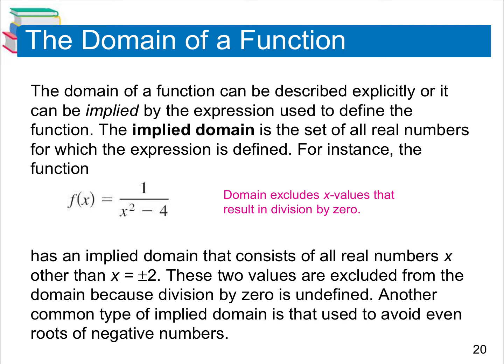Today we're going to start by looking at the domain of a fraction. When you're looking for the domain of the fraction, your domain values are your x values. They're your input values. They're your independent. So you're looking for whatever x can be. If you look at this function, this f of x is equal to 1 over x squared minus 4, you have to look to see where x is to find out what your domain is. Your domain values are what is possibly plugged in for x.